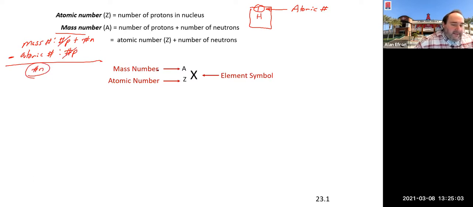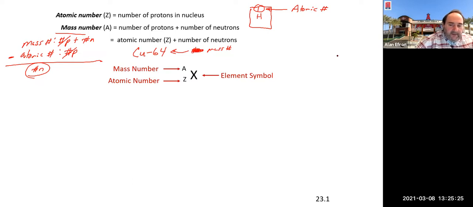So the mass number minus the atomic number is typically your number of neutrons. Another way isotopes are sometimes given is like copper 64, where that 64 is the mass number. What are isotopes?